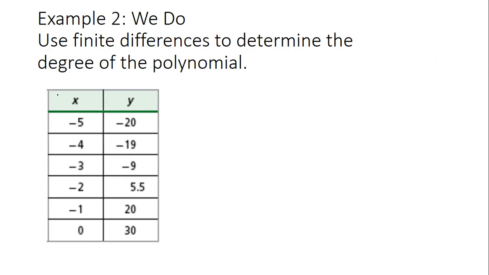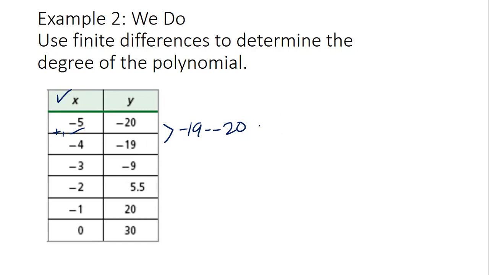Check. Next, let's see if they are one apart. Are they one apart? Yes, check. Now what am I doing? We start subtracting. Okay, what am I subtracting? It's negative 19 minus negative 20, right?